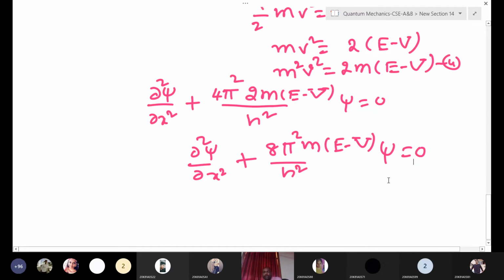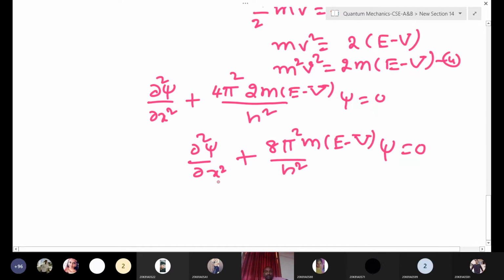You can write it any way, that is not a problem. This is the Schrodinger time independent wave equation. Here no time term is there, so this is the Schrodinger time independent equation.